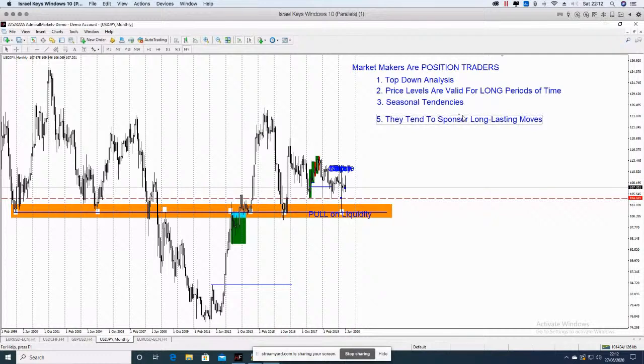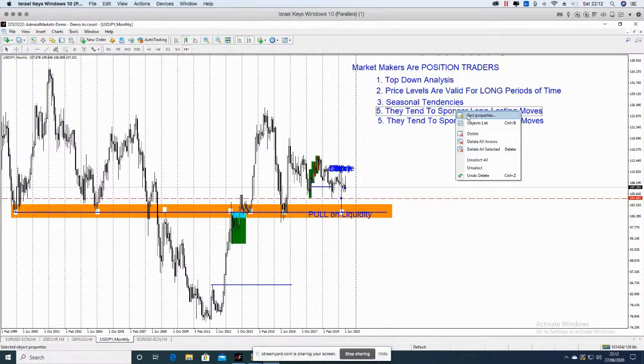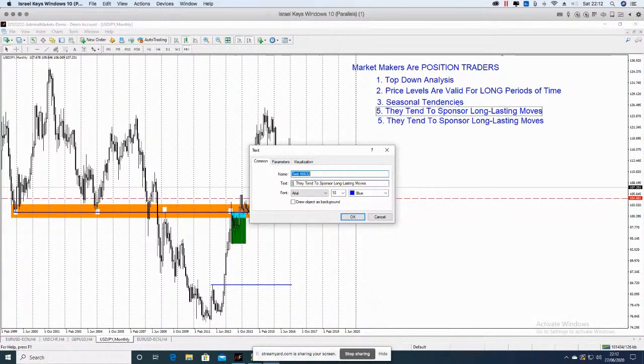Okay, 1 second, I'm going to have to replace that. Let's see if I can remember exactly how I worded that. Let's put it this way: they go for large pip objectives. Let's call them huge pip objectives.